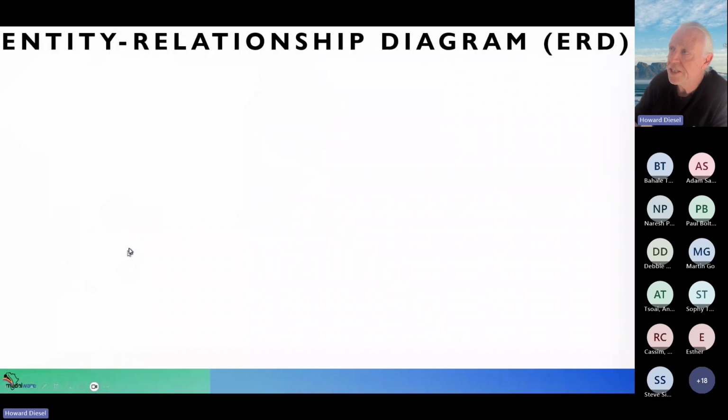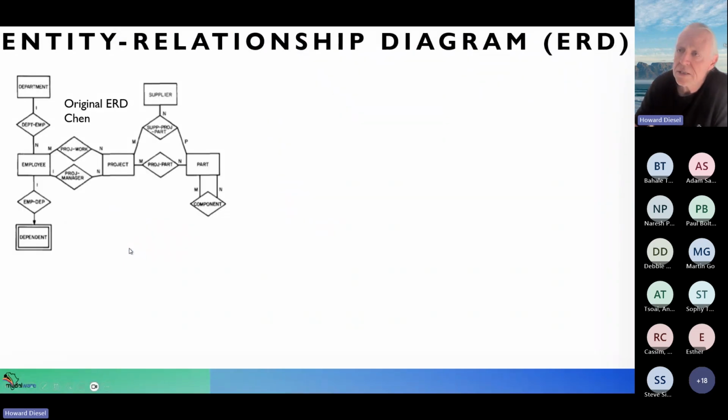So here's an entity relationship diagram. This is the person. Peter Chen was one of the first persons to write a paper on entity relationship diagramming. Okay, he built this language, and we would recognize this as normal ERD modeling. Can you see there's an entity, employee, and there's a department and supplier and part.